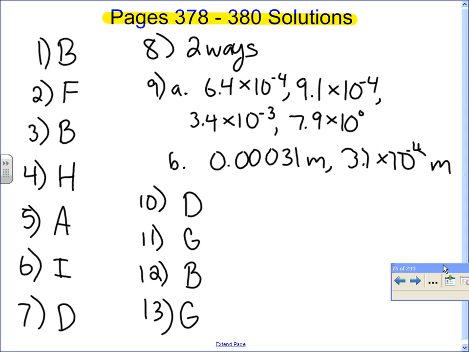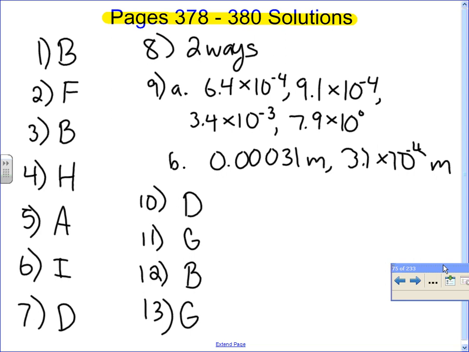Okay, so 9B, Emma, all you had to do was subtract 0.00091 minus 0.0006. Did you subtract those two? I'm guessing maybe you converted it from scientific notation to standard form incorrectly.